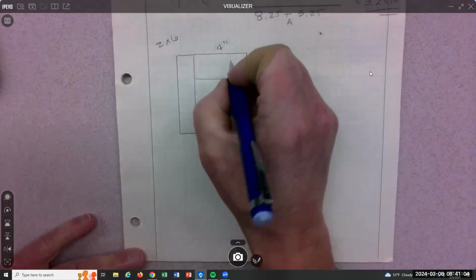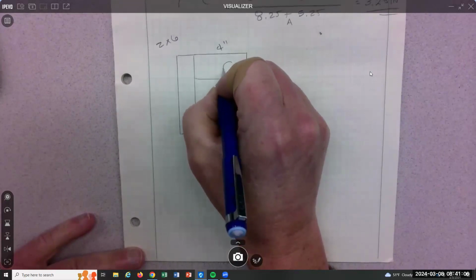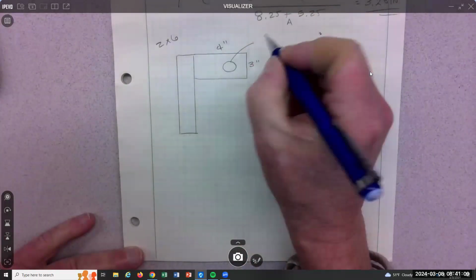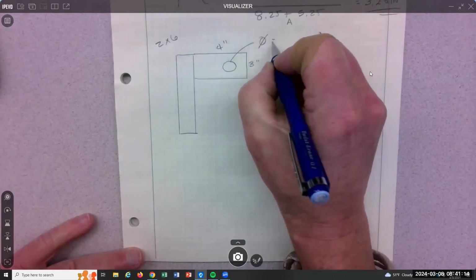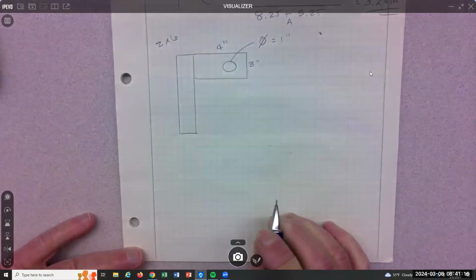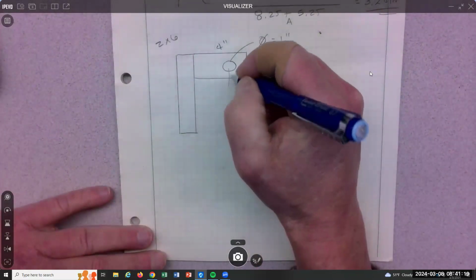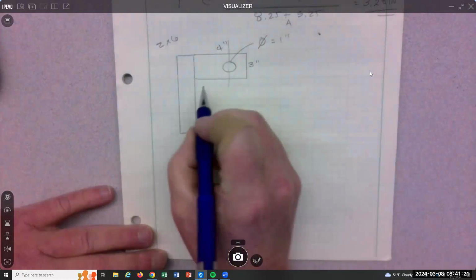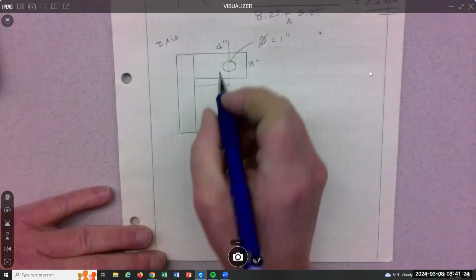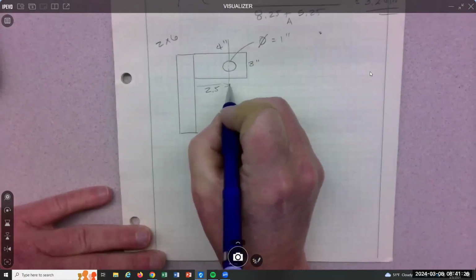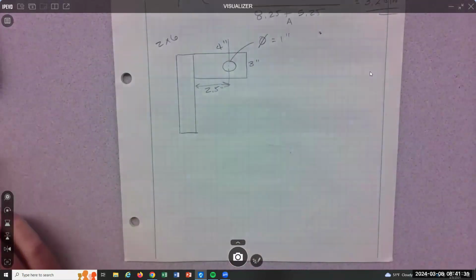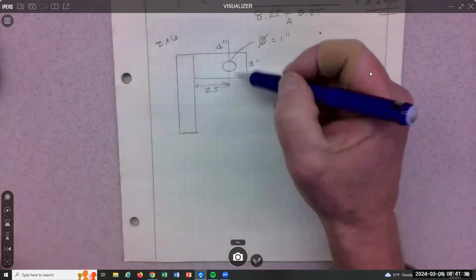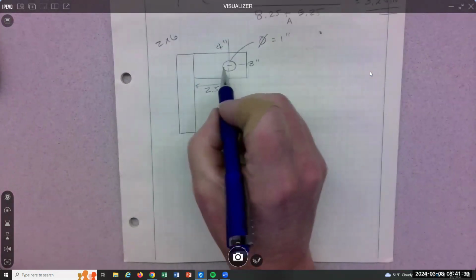And then we'll put a hole in it that is a diameter of 1 inch. And we'll locate it 2.5 inches at this edge. And we'll just put its symmetry on this piece, so 1.5.